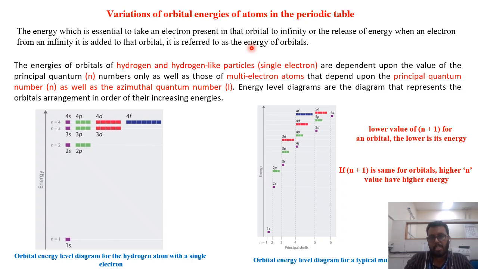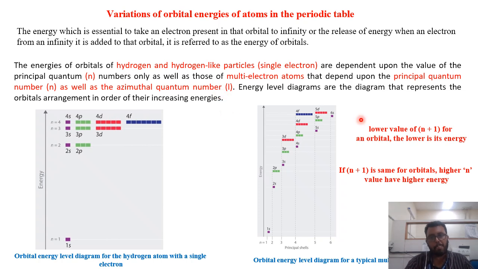So you have to understand this. It is referred to as the energy of the orbital, and based on this, the orbital energies can be arranged accordingly. The energies of orbitals of hydrogen and hydrogen-like particles, with a single electron, depend upon the value of the principal quantum number, while in multi-electron atoms they depend on the principal quantum number and the azimuthal quantum number.